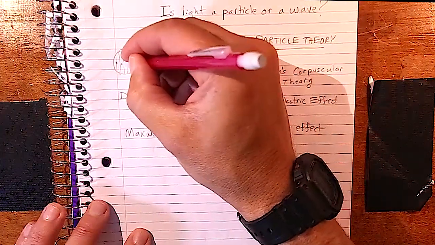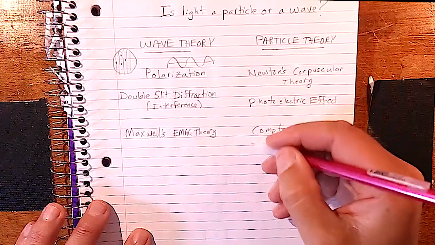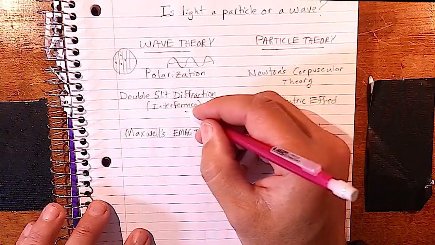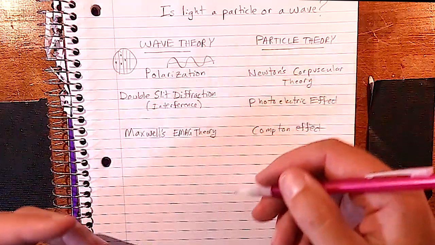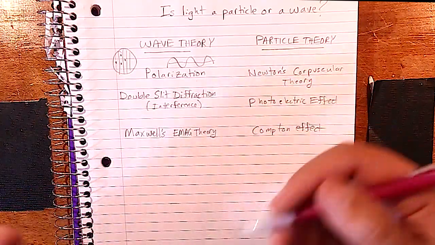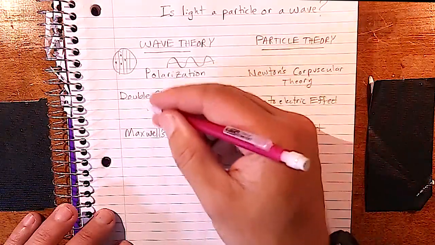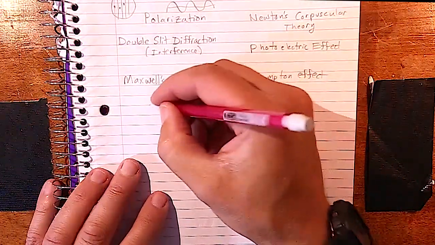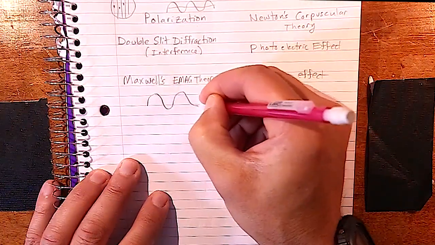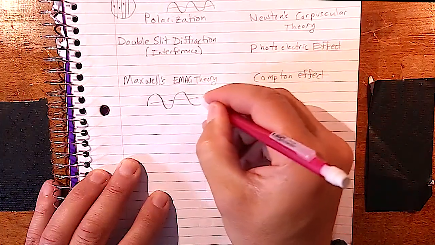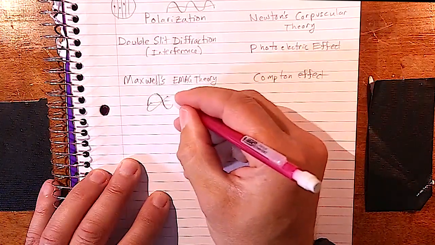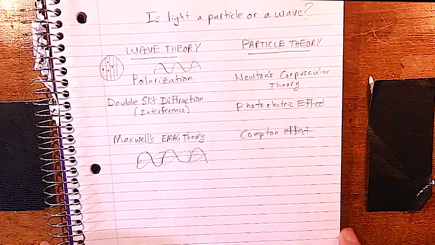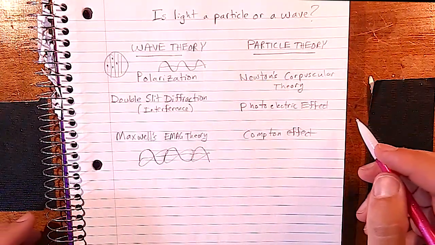All the little particles could just make it through. So we know that light's behaving like a wave. And diffraction and interference, when two waves hit each other, they make a bigger wave or they cancel out to make a smaller wave. That shows light behaving like a wave. And finally, Maxwell's theory, that was the theory that showed us that light is an oscillating electric field and magnetic field. So there's some strong evidence that light is behaving like a wave.